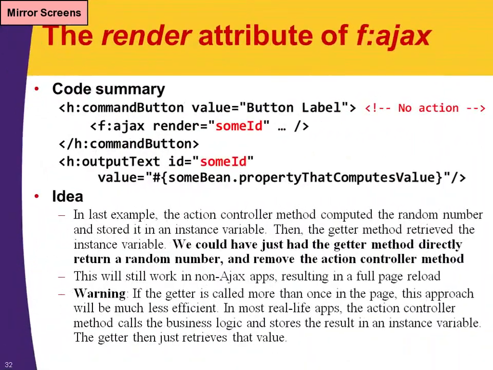There is, by the way, something to keep in mind: if for whatever reason this getter is called more than once in the page, which would happen perhaps if you are in a UI repeat loop or inside of a data table, then you might not want to do this, because it's going to force the calls to do that execution again and again, instead of doing the execution once, which may be more overhead performance-wise.